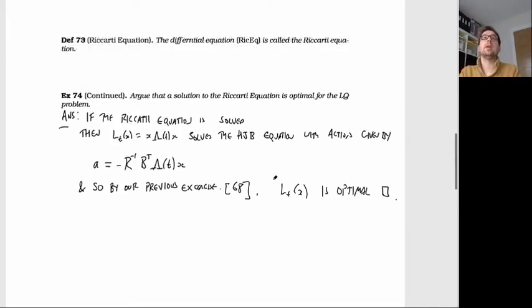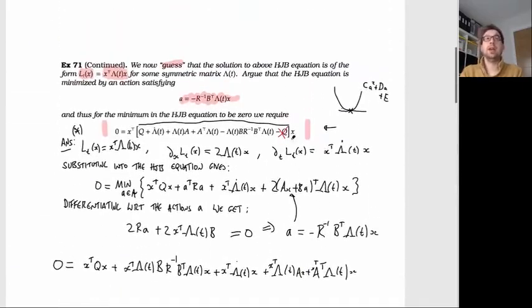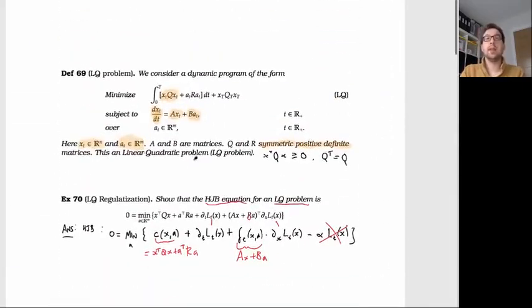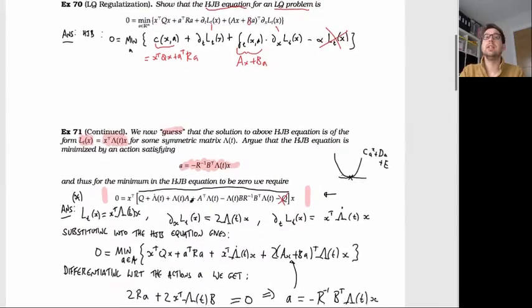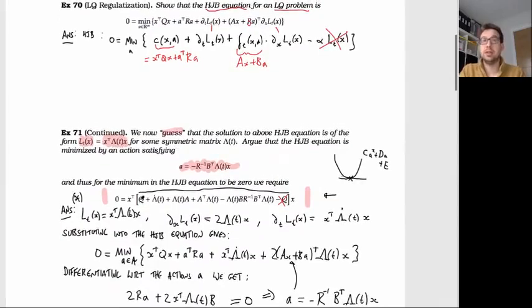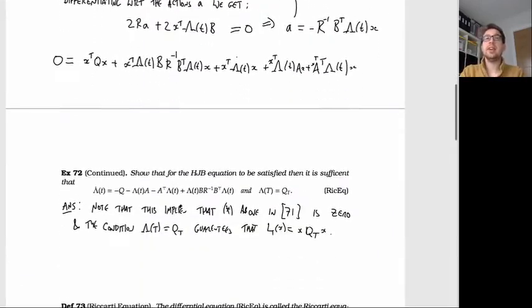Okay, so that gives one idea of how to go about solving one of these continuous time dynamic programs. Okay, so notice we took a guess at the solution. We wrote down the HJB equation, we took a guess at the solution to the HJB equation. From that we derived some conditions for that form to be the optimal solution. Okay, in this specific case it gave a differential equation.